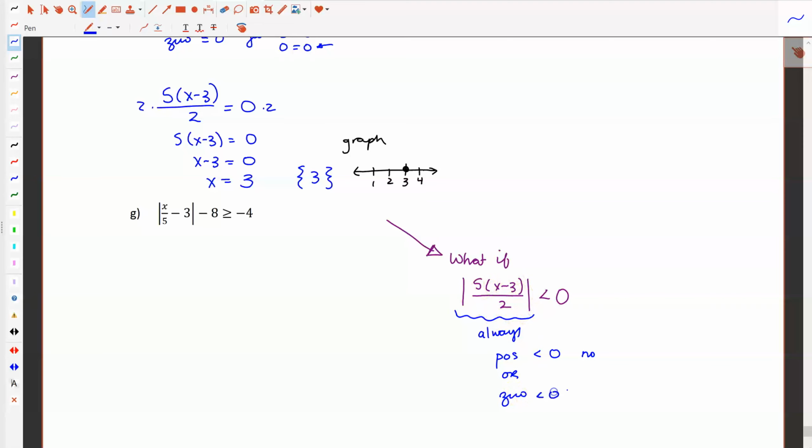Is a 0 less than 0? No. So it doesn't really matter what positive number I get out or what 0 it gives me. I can't ever satisfy the inequality that this output on the left-hand side is going to be less than 0. So in this case, we would conclude that there's no solution. Neither case is ever going to be satisfied.